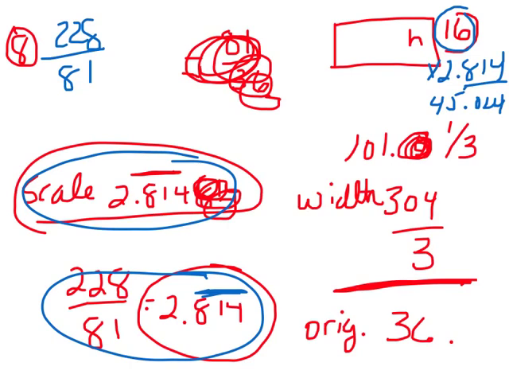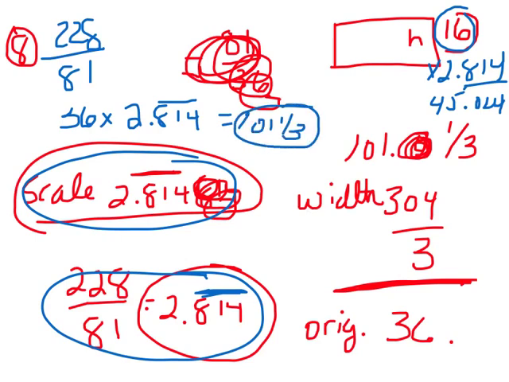And then we solved for the width using their proportion, but we could have done the same thing here. We could have said the width was 36, multiplied by 2.814, and I would have gotten the same thing that they got, which was 101 1/3. So all they've done is taken each side and multiplied it by 2.814, and they kind of explained it strangely.